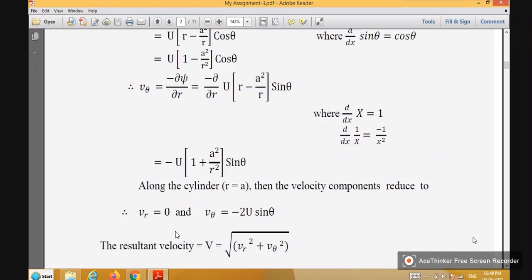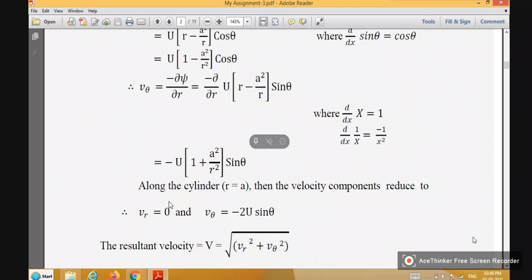It is along the circumference of the cylinder. Along the cylinder means length also will come into picture, that is perpendicular to the plane of your screen. So, along the circumference of the cylinder, you have to say.